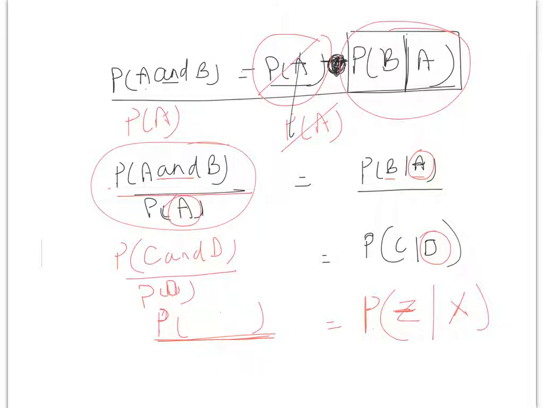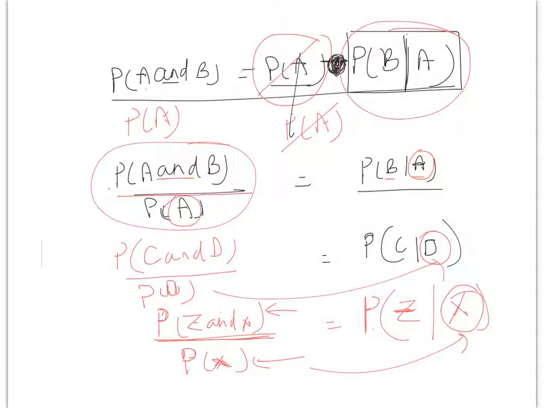So probability of Z and X happening together divided by the probability of the second, which is probability of X. Once you get used to the pattern, you don't really have to memorize the formula. All you have to do is think about what the numerator has, which would be both, and the denominator is probability of the second event always. So the numerator has probability of both.